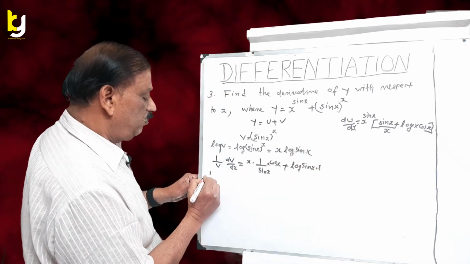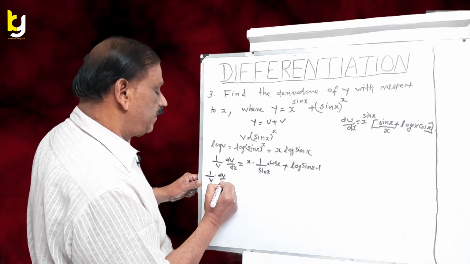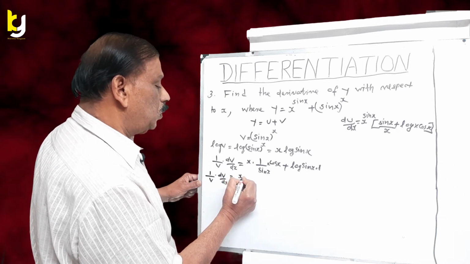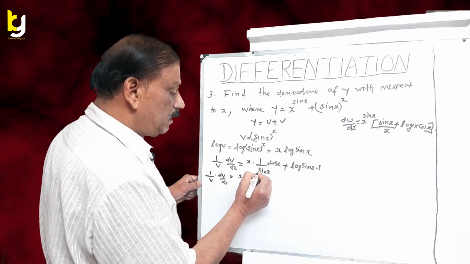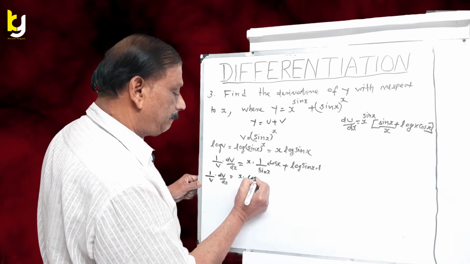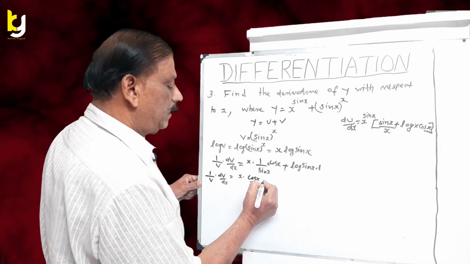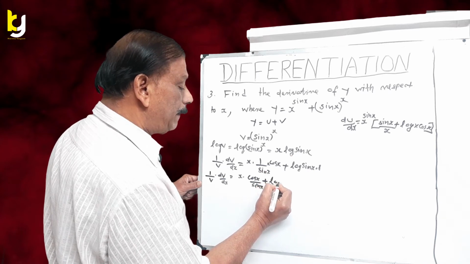That is 1 by v into dv by dx equal x into 1 into cos x by sin x plus log sin x into 1, that is log sin x.